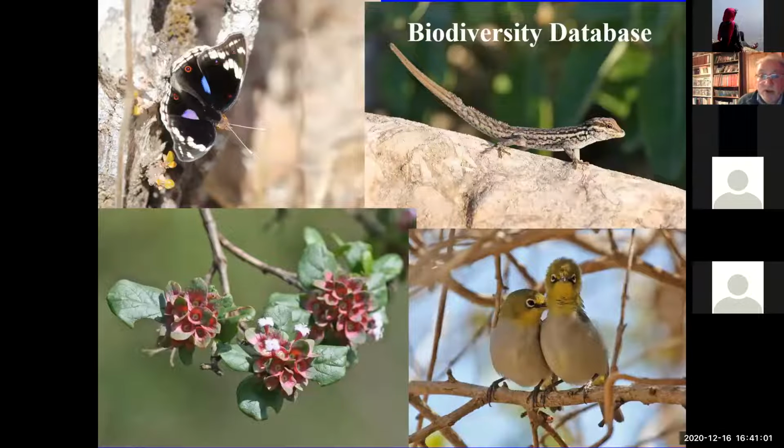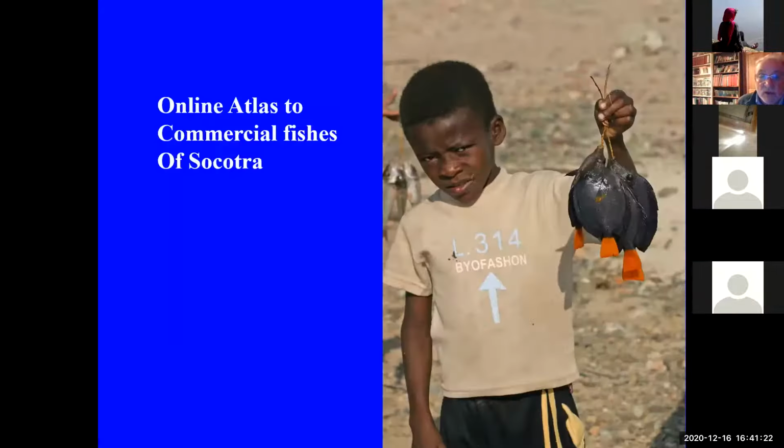So a biodiversity database. Now, this is essential. If you're going to take conservation seriously, you've got to know what you've got. And establishing a database of all biological taxa is vital, be it butterflies, reptiles, plants, or birds. The online atlas to commercial fisheries was developed.